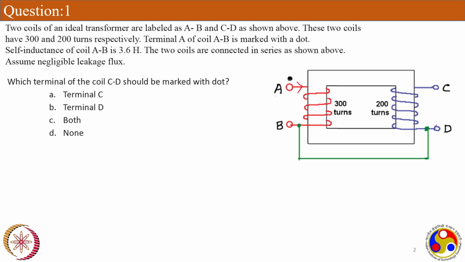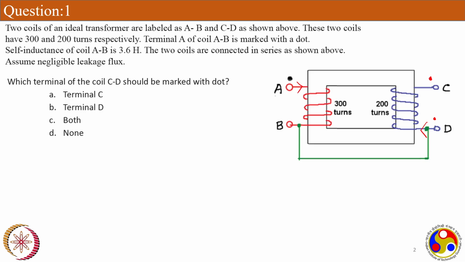Now, in the CD, the dot should be at such a point, either D or C, where the current also enters. Understood? The dot polarity says that the dot should be placed in such a way that the current is entering or leaving with respect to the first dot. In the coil AB, the current is entering the dot A, so in the coil CD, the dot should be placed at the terminal where the current enters.